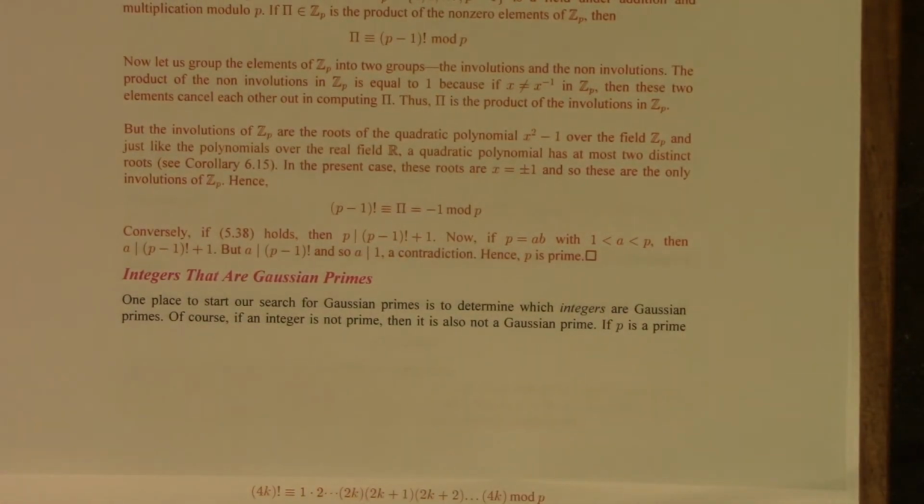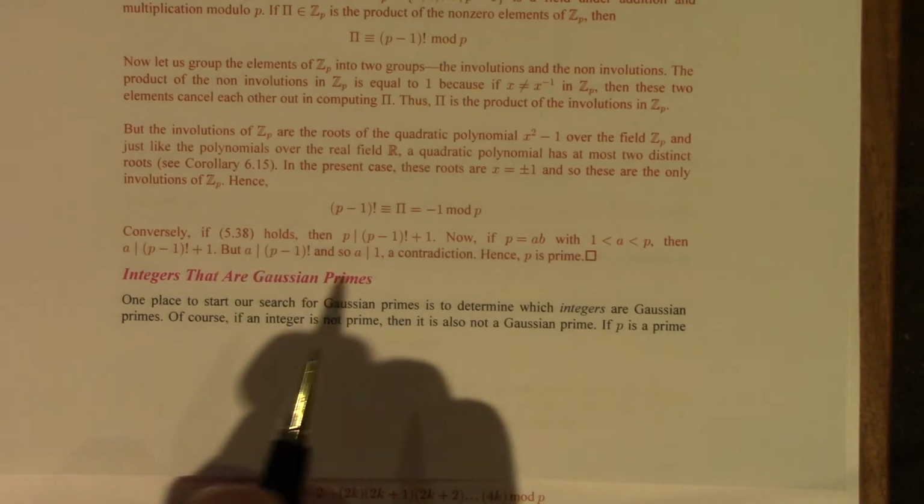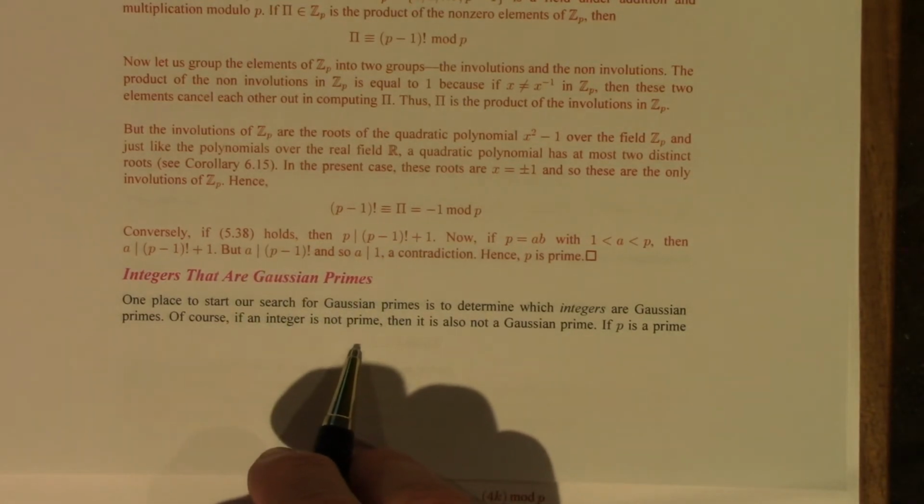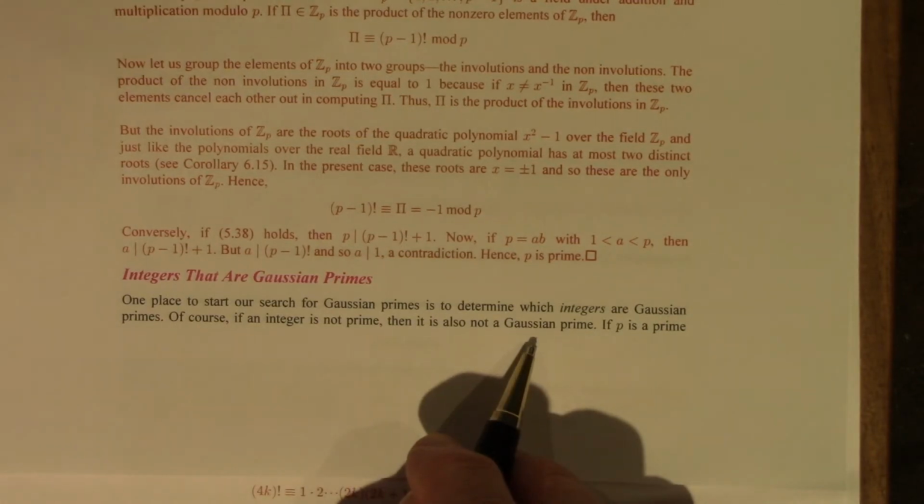So one place to start the search for Gaussian primes is first to determine which integers are Gaussian primes. The integers form a subset of the Gaussian integers. Now, if an integer is not prime, then it's not a Gaussian prime.